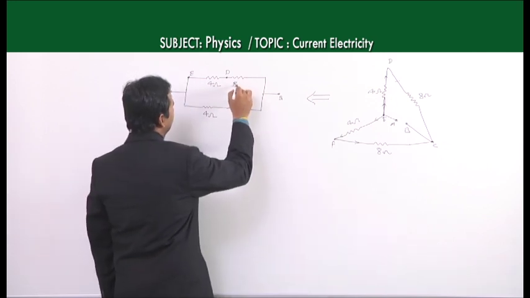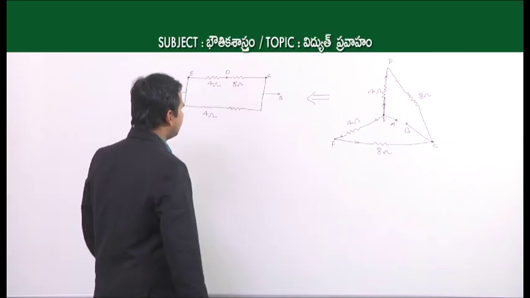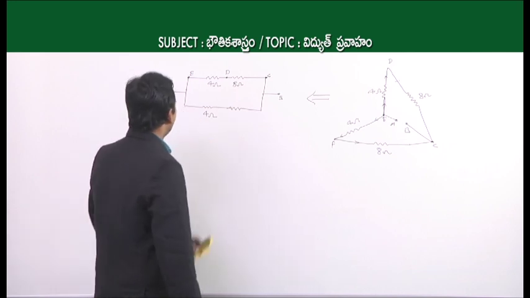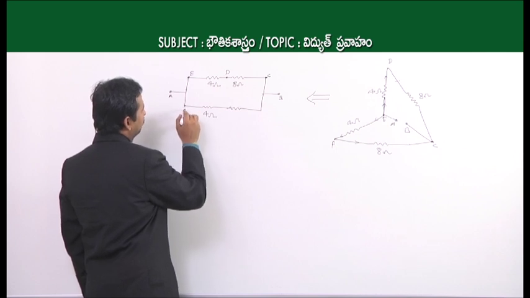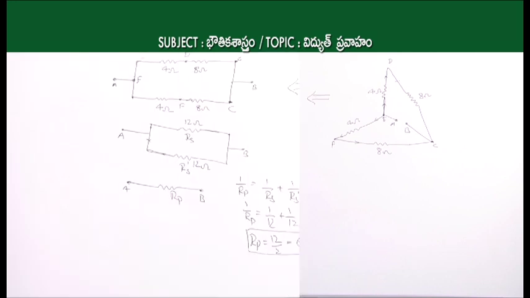This 8 ohms is between D and C, and after that again we have F and E, where between E and F we have another one, up to here.